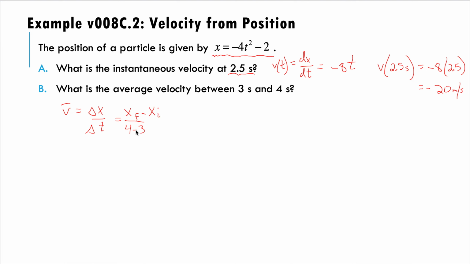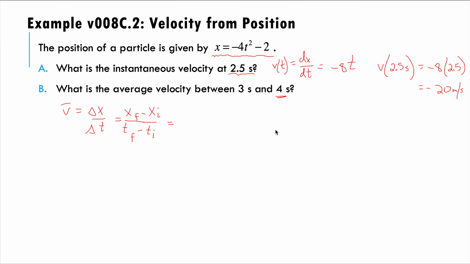Let me just rewrite this actually as t final minus t initial in the denominator. So to find x final, that means x at 4 seconds, we just need to plug in the 4 into the equation for position. So we're not using the equation for velocity in this problem.